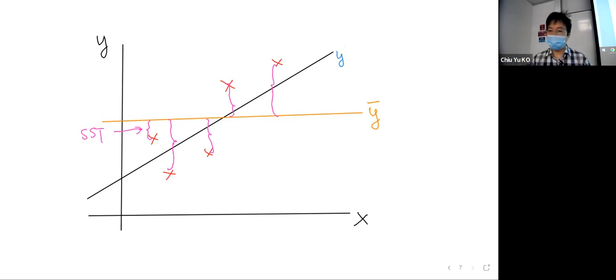SSR is this: the fitted line over the Y bar. This is what the regression gives you. So the variation explained by the regression is why they call it sum of squares regression.